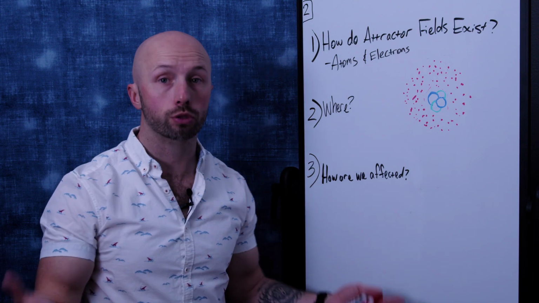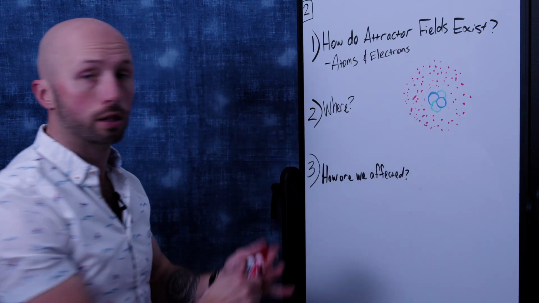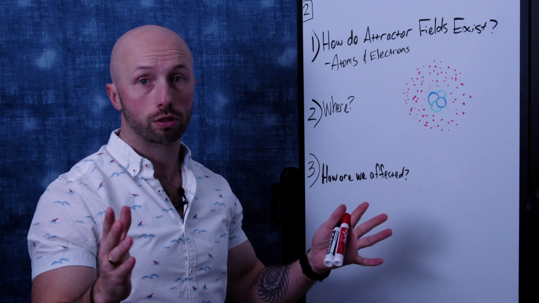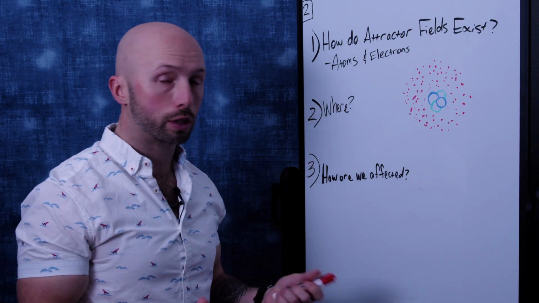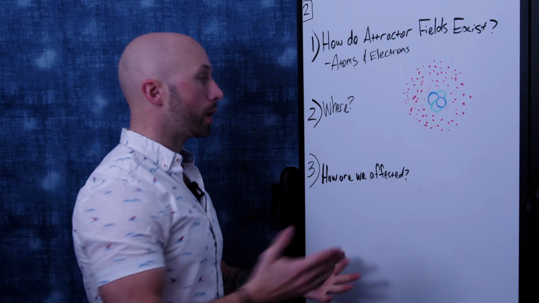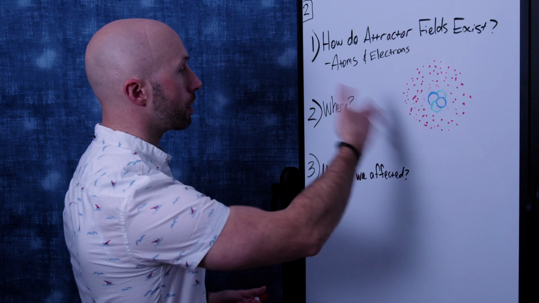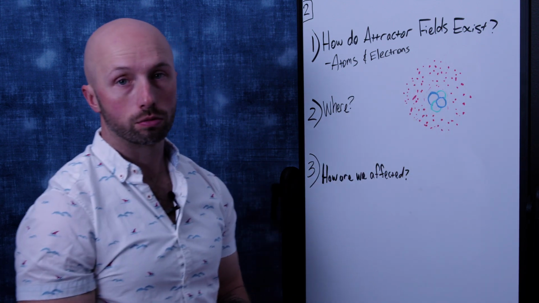It has an electrical charge. Everything does. It's a measurable electric charge. So what does that mean? Everything's got an electric field around it of potentiality of where the electron can go.